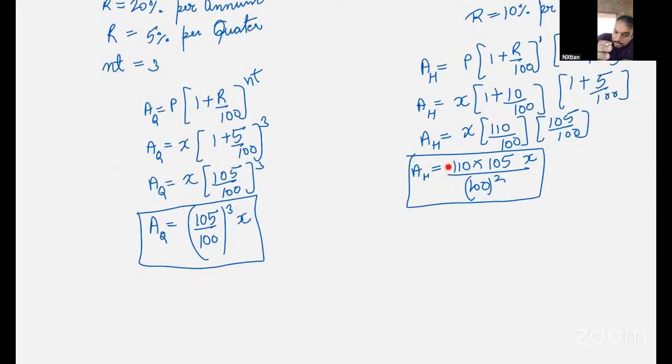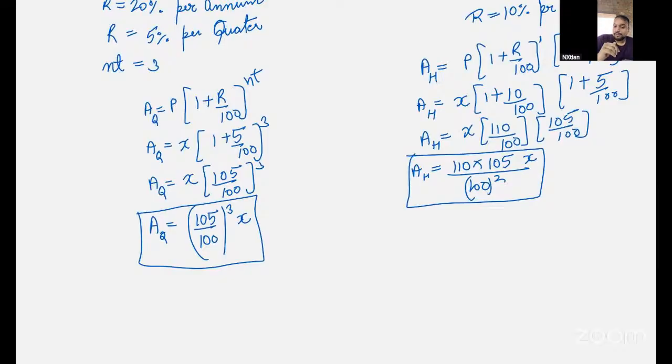The simplification is not wrong. You can do it. If you are comfortable with that, you can simplify it, then multiply and subtract them. There is no problem. But I prefer to use this method of taking out the common.